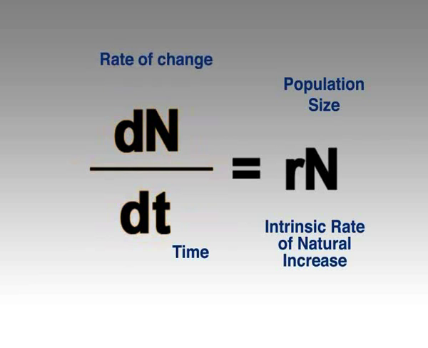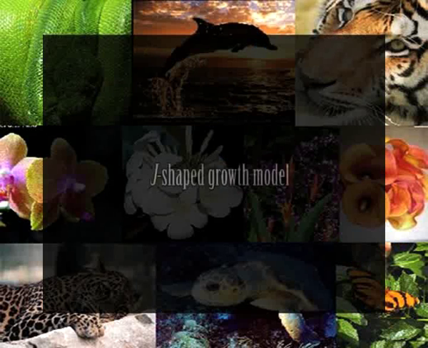The value of r is maximum when resources are not limiting. Since the curve drawn with population size on the y-axis and time on the x-axis is J-shaped, it is also known as the J-shaped growth model.